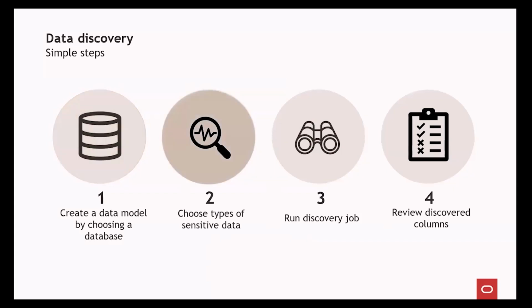For the second step, like we have seen in our previous slide, you have to choose the type of the sensitive data that you're looking for. For the third step, you will run the discovery job. And then lastly, you will review the report, which will have your sensitive columns along with the sensitivity score.